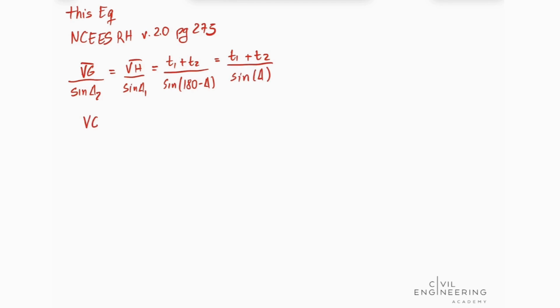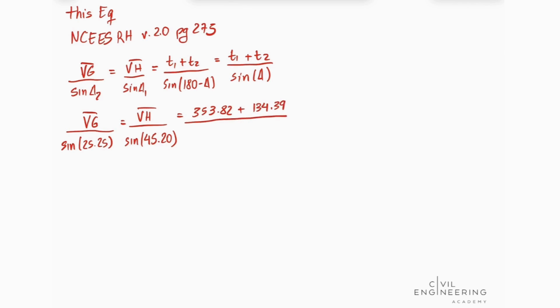So our VG divided by sine of 25.25 will be equal to our VH divided by sine 45.20, and this will be equal to our T1 that we calculated, 353.82 feet, plus our T2, which is 134.39, over the sine of 70.45.